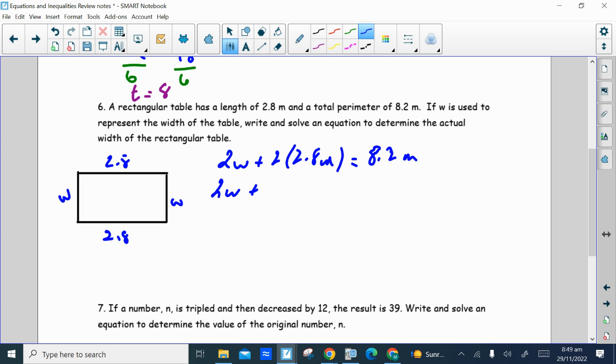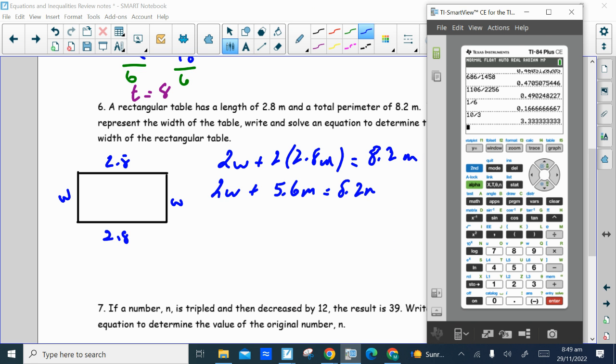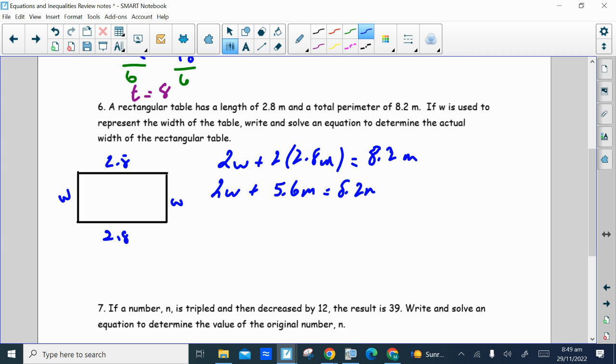So on the left, we can multiply the 2 by the 2.8 and get 5.6. I think. Let's just check to make sure. 2 times 2.8. And then we would subtract that 5.6 from both sides.